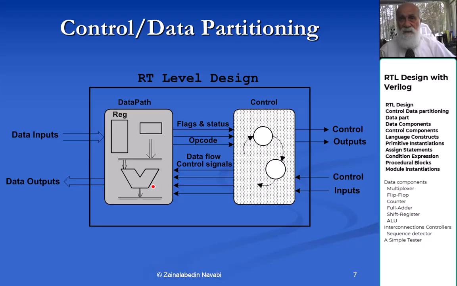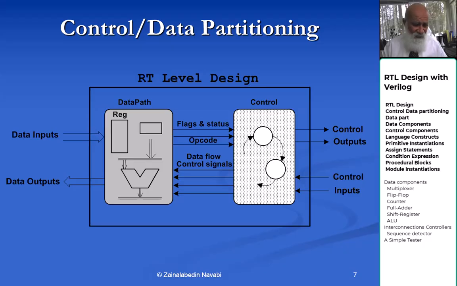Complex ALUs include things like shifters or barrel shifters, multipliers, adders, and so on. But simple ALUs just do basic logic and basic arithmetic. In any case, my data path includes these components plus their interconnection through the buses. So we have buses that interconnect these components.